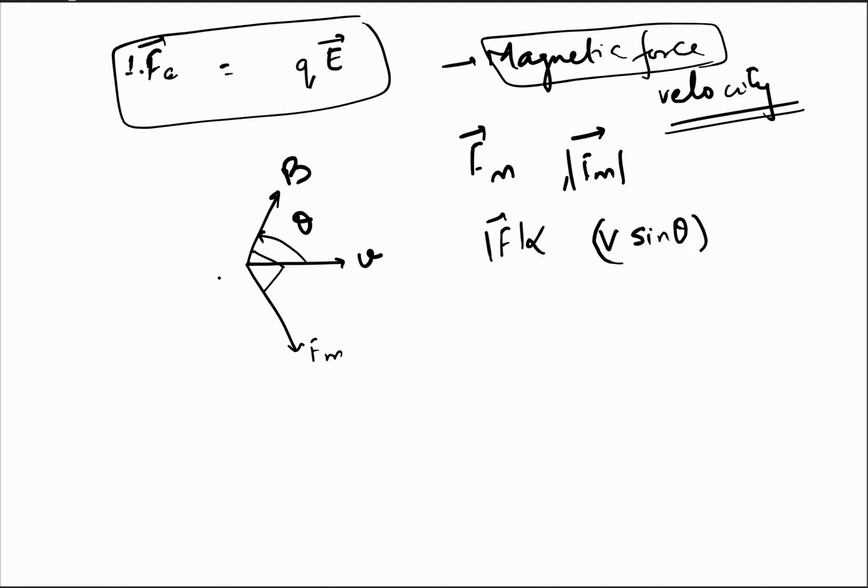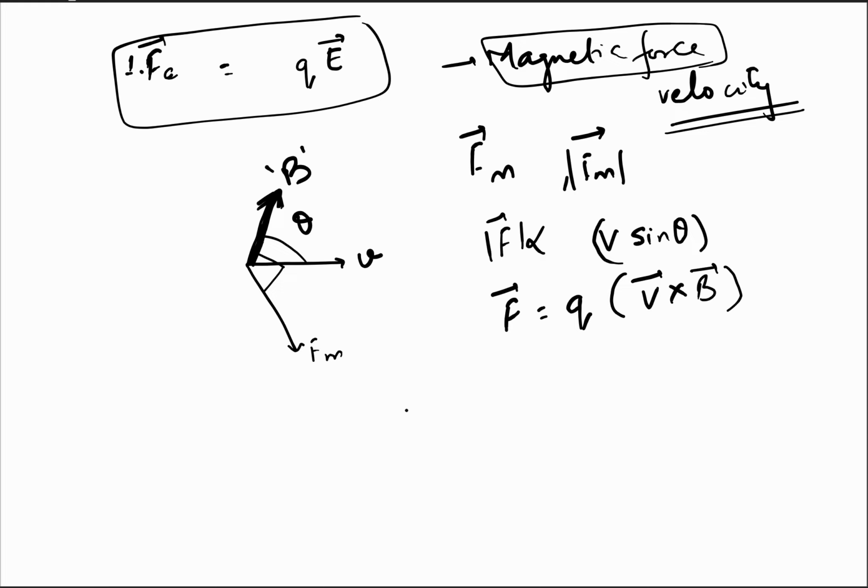Now this peculiar nature can be described if we assign it a name called magnetic field. That is, this particular direction has a quantity called magnetic field, and if we define it like this, then this force can simply be written with the proportionality constant being q and the cross product of v and this B quantity, the magnetic field.